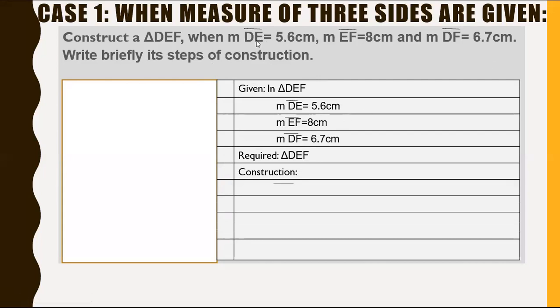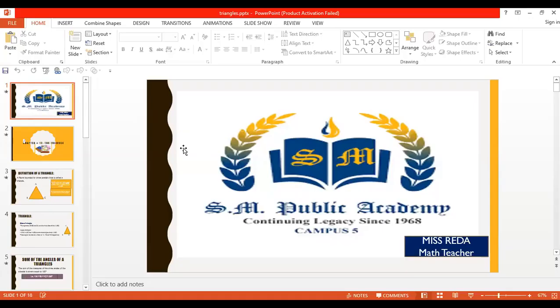So here you have written all the three measurements properly. Yes, Afra, Wajahat, Sumaya, Zuhaib. Okay? In this way you have to mention. Now what is required in this question? Triangle ABC? No, we have to construct a triangle DEF.